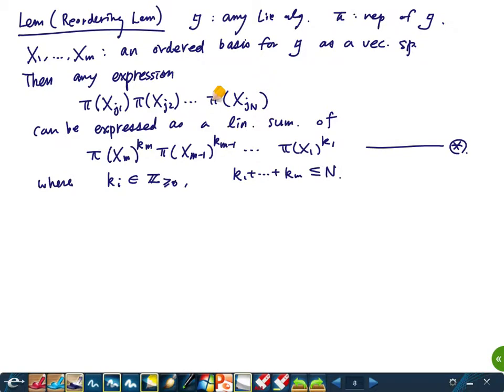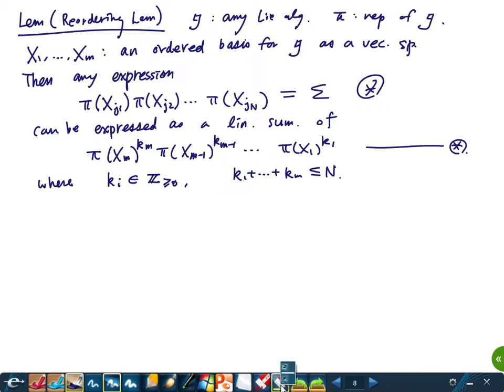But that's not true in general, so this is a non-trivial statement. But this can always be written in terms of this. Notice that this is not equal to just a single term of this form. Rather, the theorem is saying that this is a sum of things like this. That's what this theorem is saying.